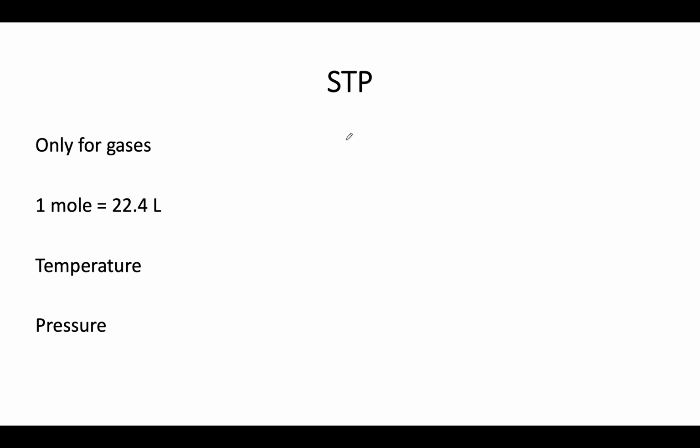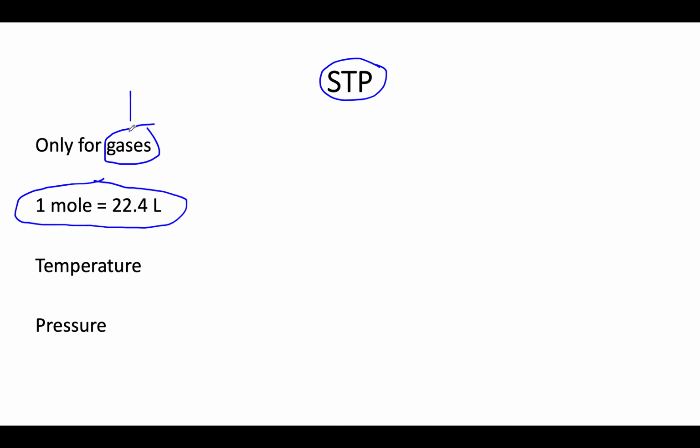And lastly, you can see it kind of gets thrown in this calculation section, but I really want to emphasize a few things. This STP stands for standard temperature and pressure, but that is only for gases. Okay, so make sure you don't look at this and say, oh, wait a minute, I've got mole to liter. Well, that sounds like concentration. No, this is only for gases. And at standard temperature and pressure, 1 mole of any gas equals 22.4 liters.